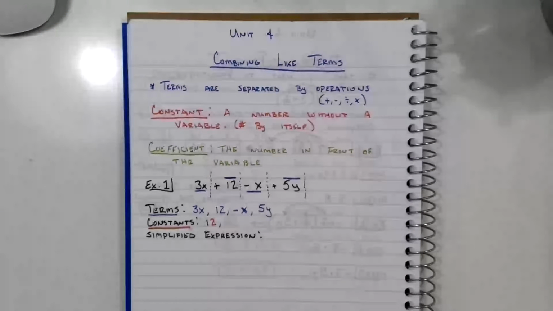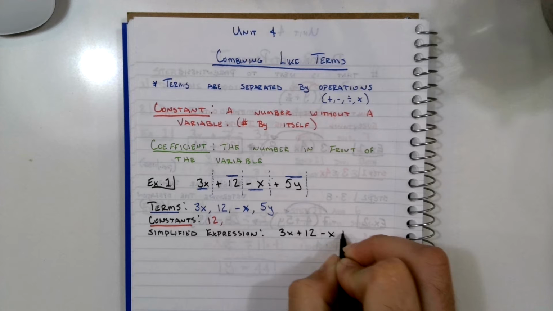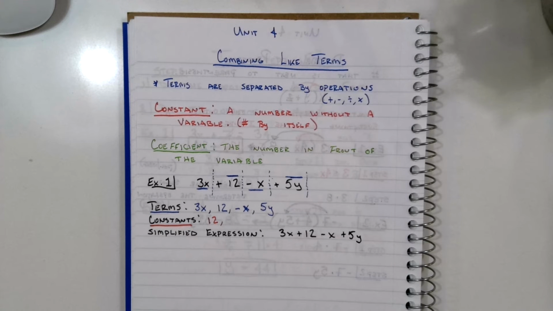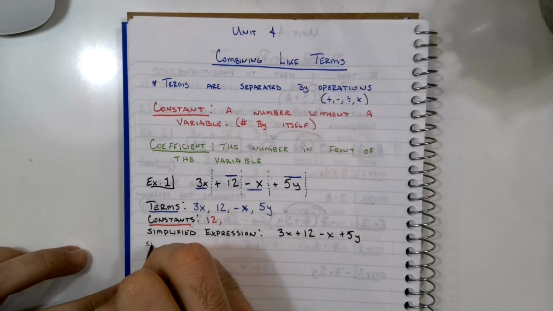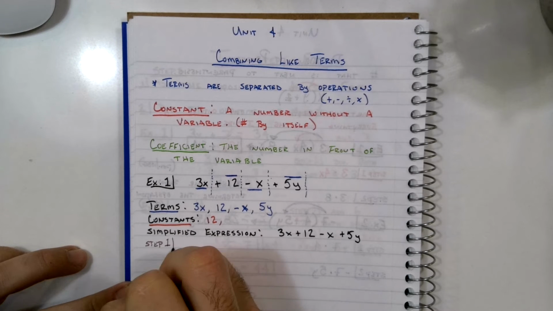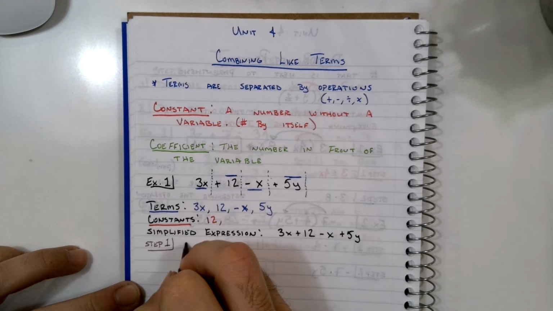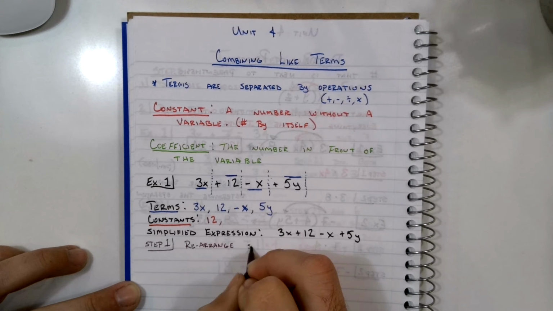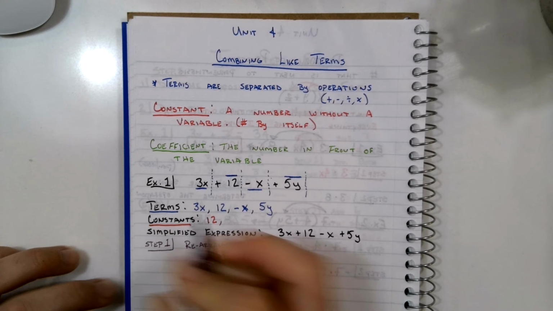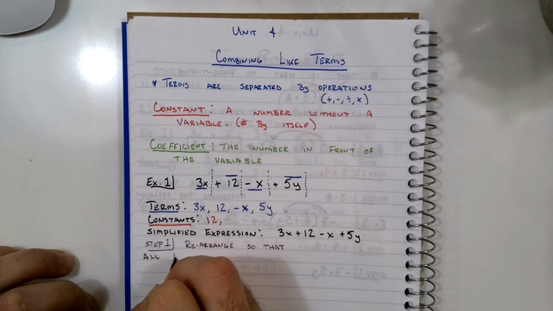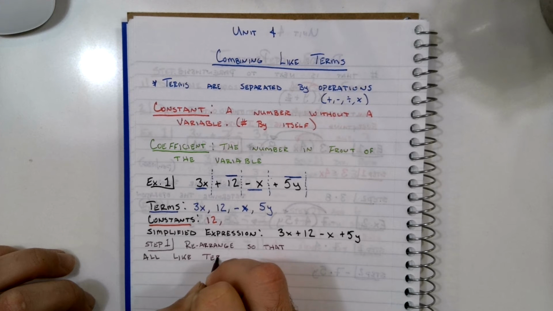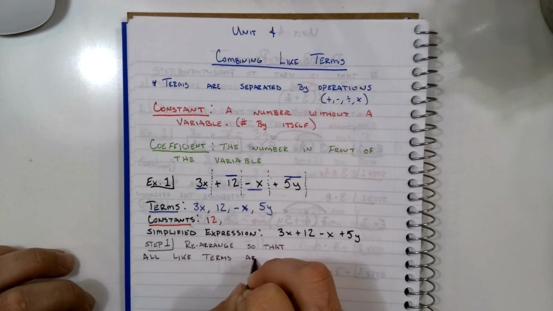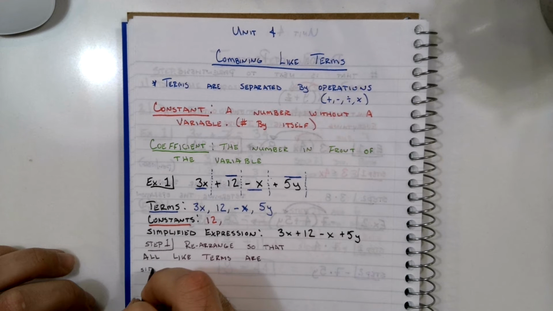So I have 3x plus 12 minus x plus 5y. Okay? The first thing I would do here, and this is probably going to help a lot of you. So step 1, we're going to rearrange so that all like terms are side by side.